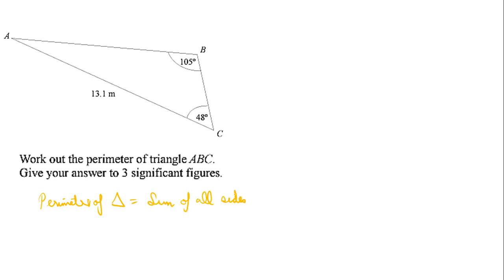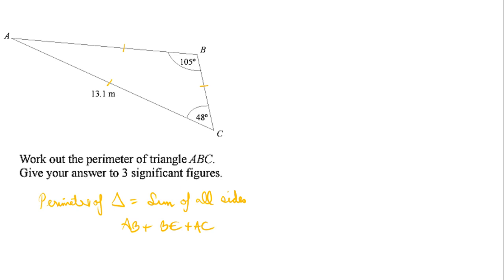Sum basically means that you add all the sides, which means that this side AC, this side AB, and this one BC need to be added. So just to sum it up, AB plus BC plus AC. If I add all these three, I'm going to get my perimeter.